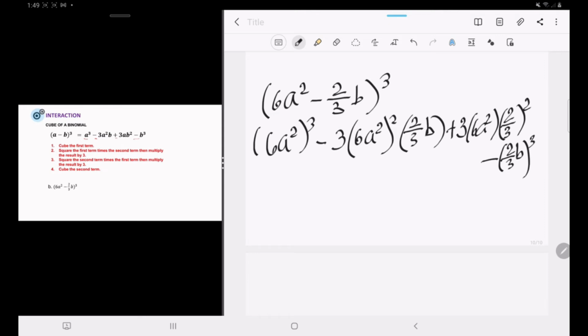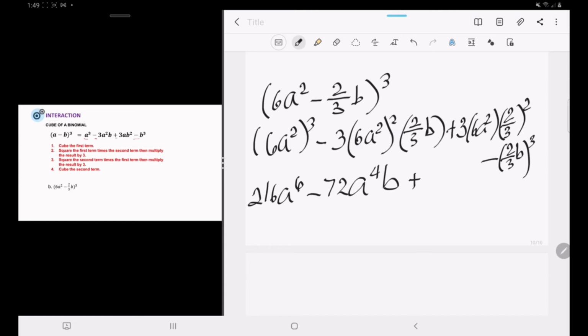And then let's simplify. 6a squared cubed is 216a raised to 6. Then minus 3 times 6a squared times 2 over 3b is 72a raised to 4b.